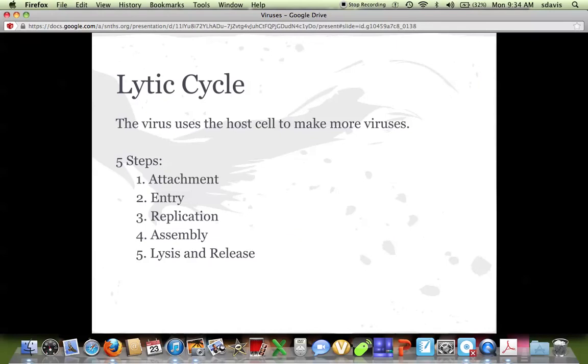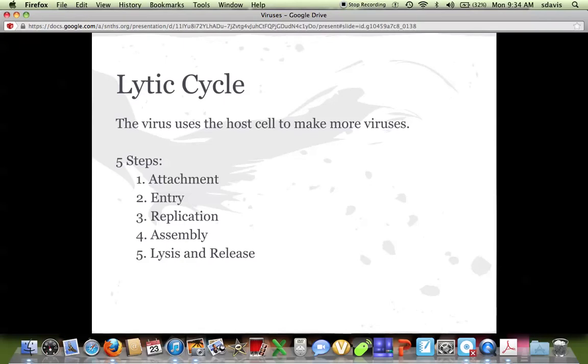There are two main phases, or viral replication cycles, that viruses experience. The first one is the lytic cycle, and that's what we'll be talking about right now. And then later on is the lysogenic cycle.